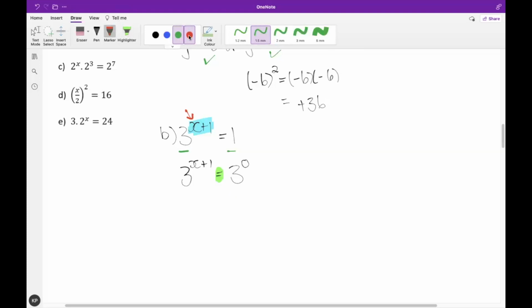This equation says the left-hand side is equal to the right-hand side. Do you guys agree? So this equation is saying 3 to the power of something that we don't know is equal to 3 to the power of 0, right? That means that this something has to be 0. So they are equal. Do we understand that, guys? It's very important that you understand how equations work.